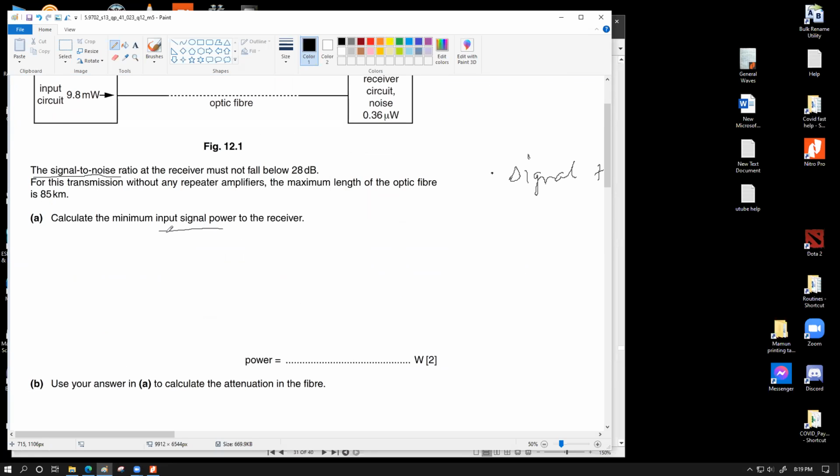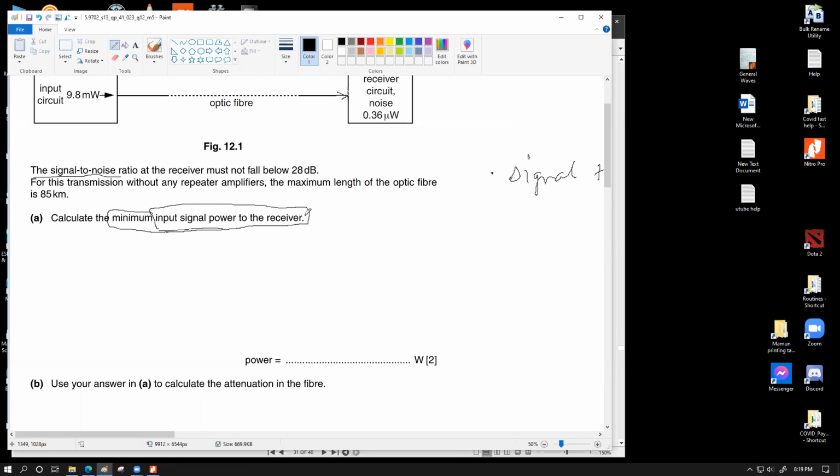Have a read. What does this set of words essentially mean? The minimum input signal power to the receiver. Does this mean the input power over here, or does this mean the input power over here? Which one does it mean, essentially?